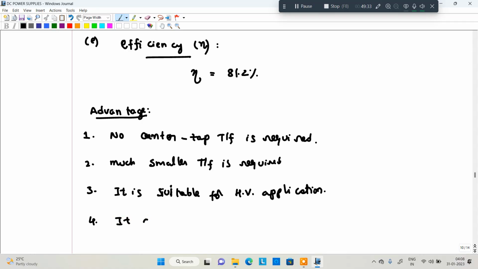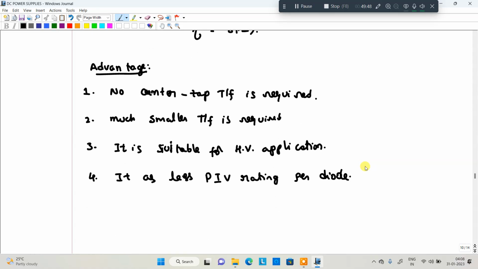PIV means peak inverse voltage rating per diode. You may doubt whether the peak inverse voltage should be more or less. This peak inverse voltage will be less, so it is easy to design the particular diode. That's why it is an advantage. If it is less, it is an advantage. In the case of the center tap, it is 2 VM, which is one of the drawbacks there.